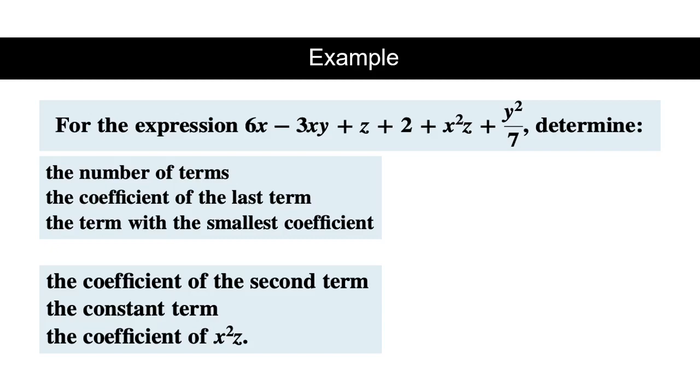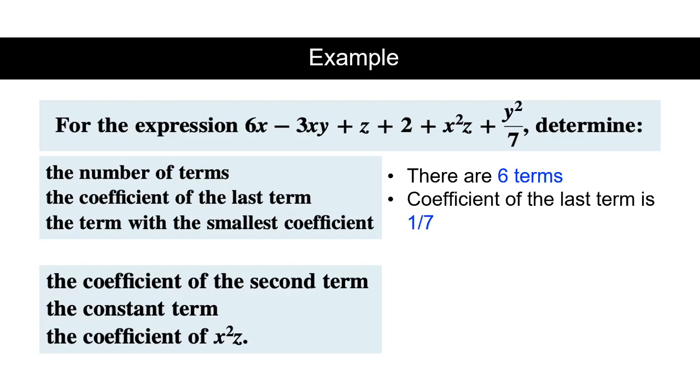So we have 6 terms in there: 6x, minus 3xy, plus z, plus 2, plus x squared z, plus y squared divided by 7, or y squared over 7. The coefficient of the last term, that is 1 over 7.